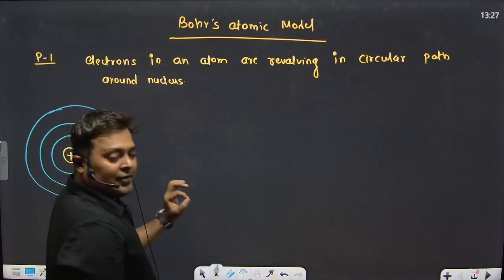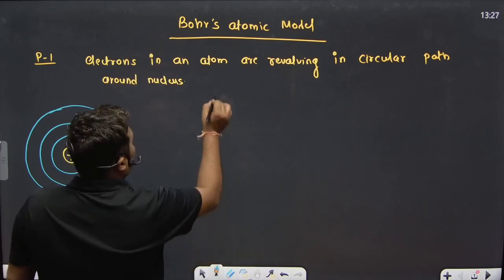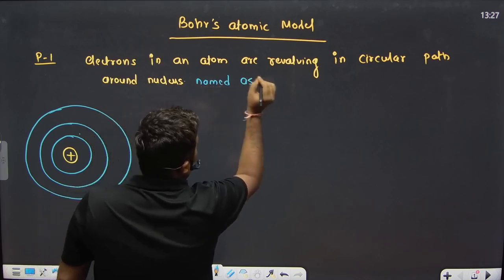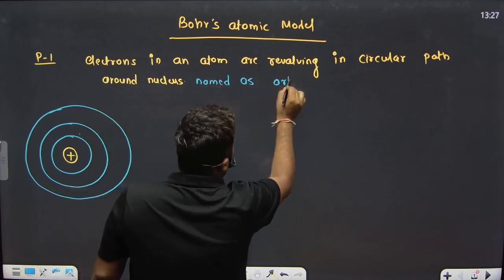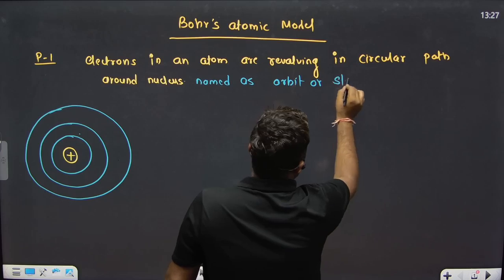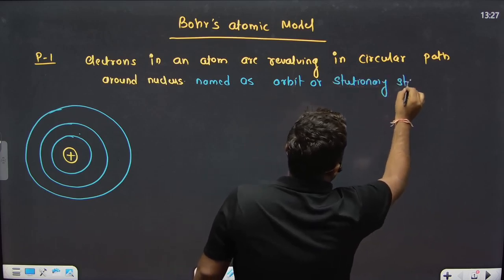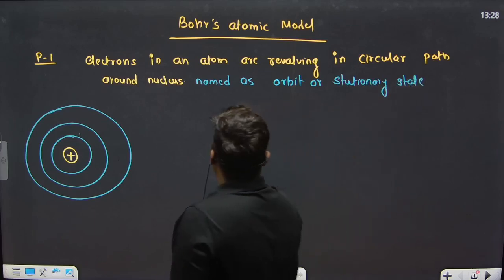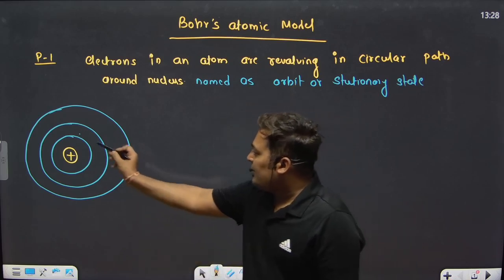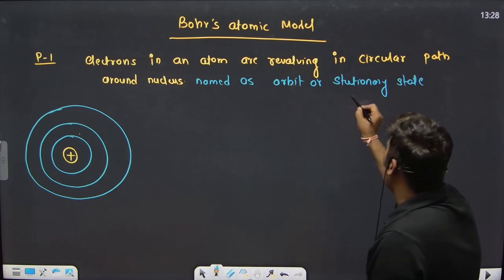Bohr gave this circular path the name orbit or stationary state. Now you must be thinking, okay sir, we understand it is an orbit because it is circular and the electron revolves around it, but why are we calling it a stationary state?